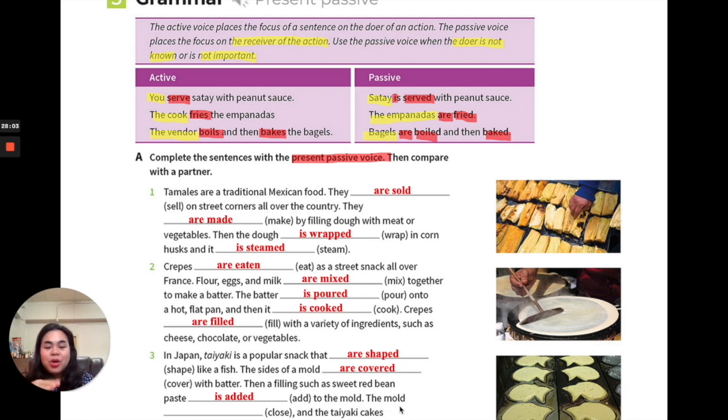And next, the mold is closed, and the taiyaki cakes are cooked. Taiyaki is singular, but if you want to use plural, you can use taiyaki cakes. When you talk about cakes, you can use the plural form. Taiyaki cakes are cooked until they're golden brown.